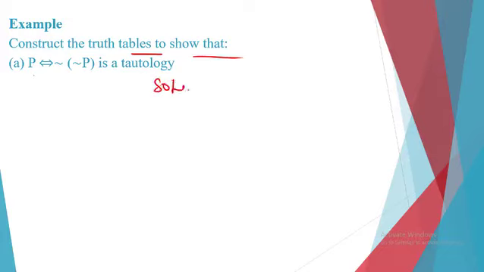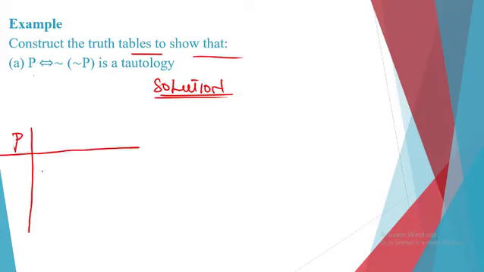Solution: I hope you still remember all the laws of the connectives that I taught you in previous classes. The first thing we need to do is to draw our P. Our P will be true and false.